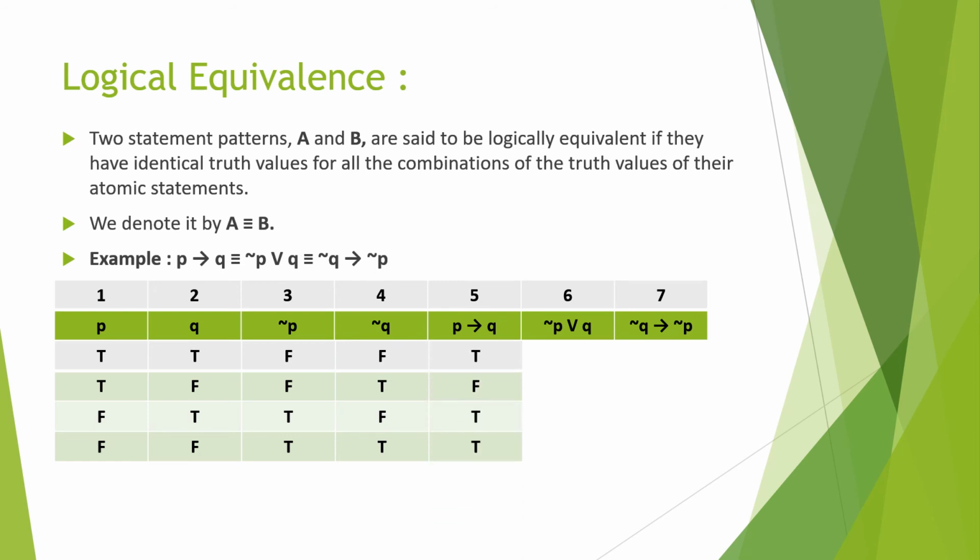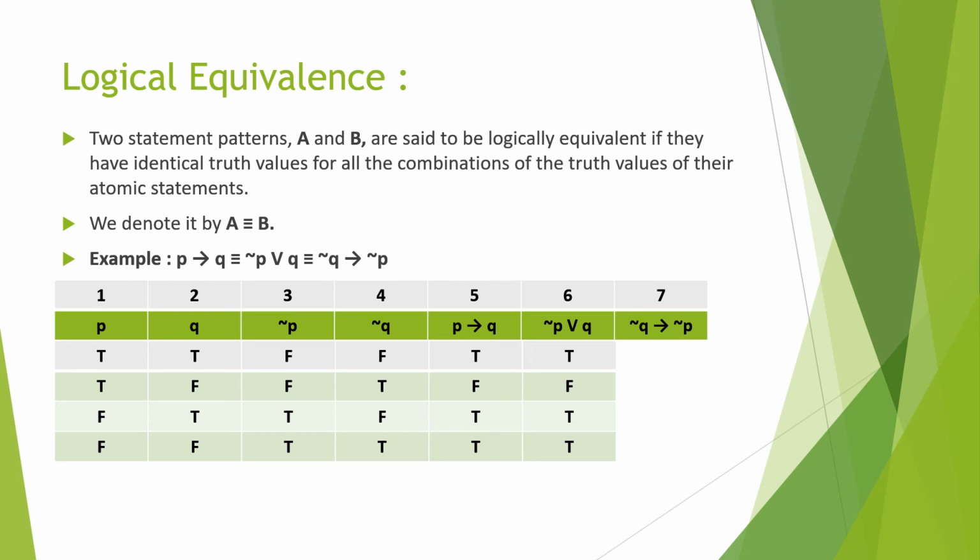Now find out what is P implies Q. It is TFTT. Find out negation P or Q. Remember the rule for or: if one of the statements is true, it is true. So negation P or Q, considering columns 2 and 3, we have TFTT. The 7th column is negation Q implies negation P, that is column number 4 implies column number 3.